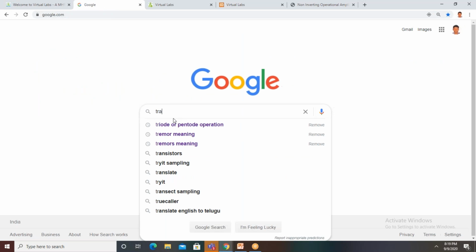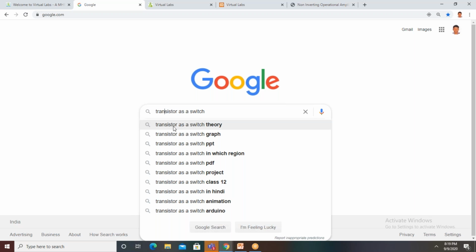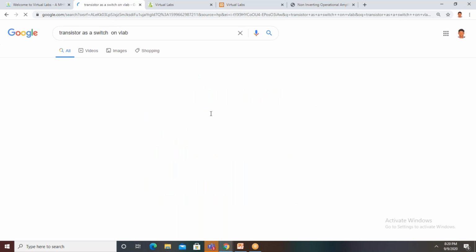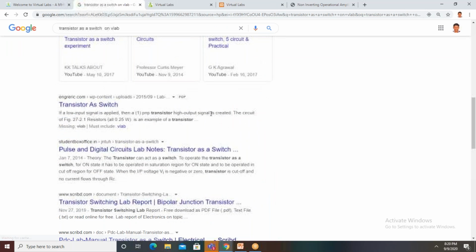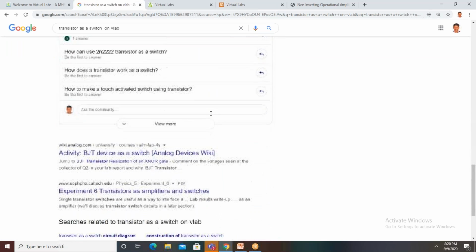So here the components are available. This is just like a breadboard, sir. Is it visible, sir? Yes, sir. Here the input is available.